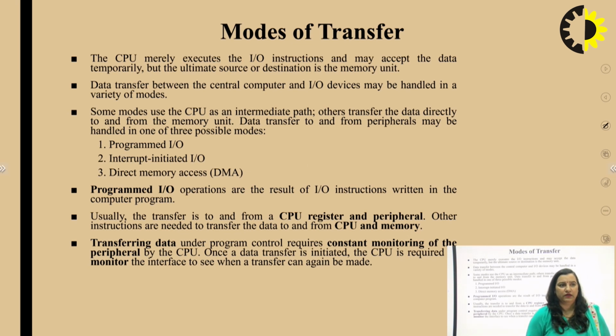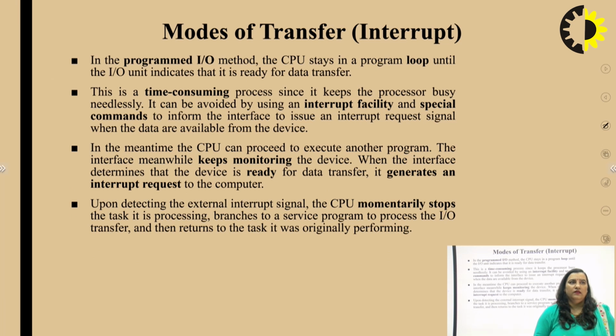Data transfer under program control requires constant monitoring of the peripheral by the CPU. Once our data transfer is initiated, the CPU is required to monitor the interface to see when a transfer can again be made. So in this mode, constant monitoring of input-output devices is required. In the program input-output method, the CPU stays in a program loop until the input-output unit indicates that it is ready for data transfer.